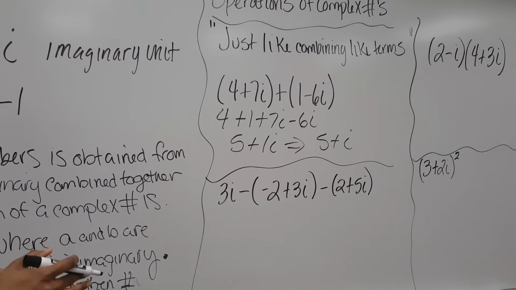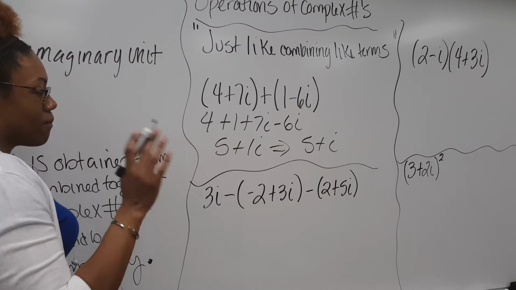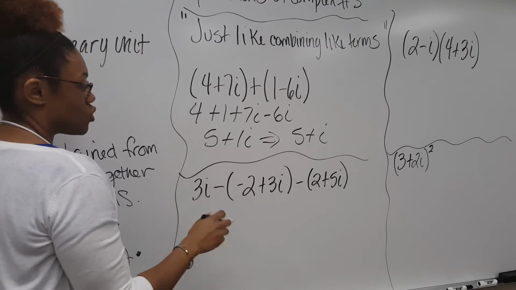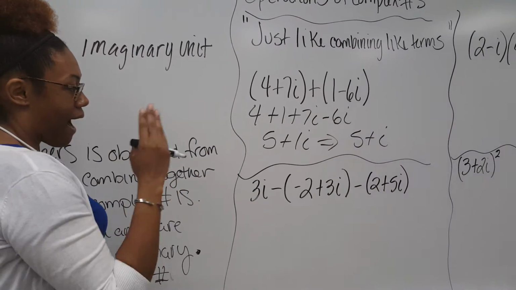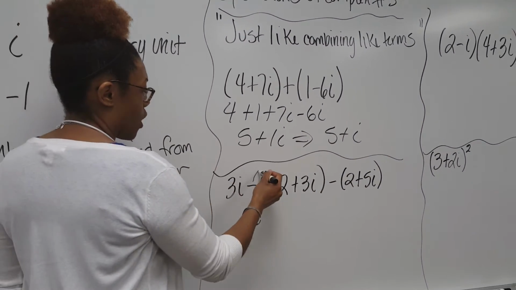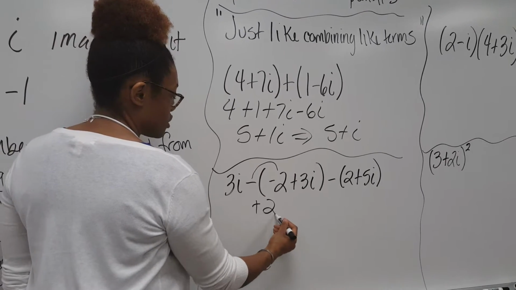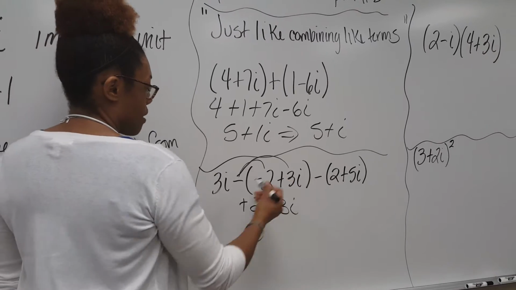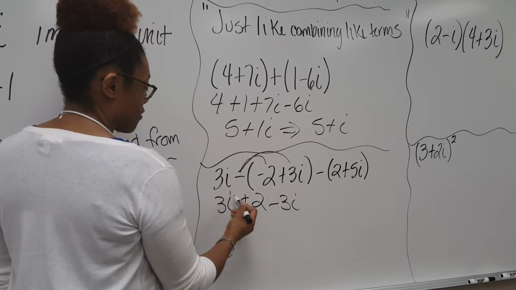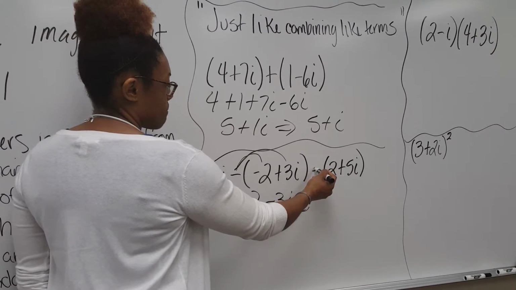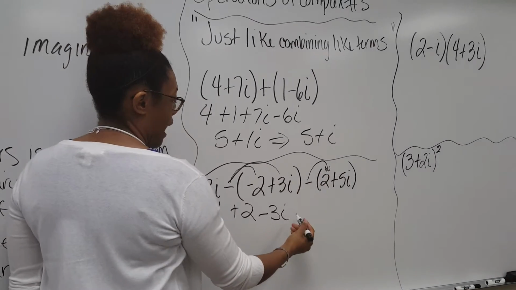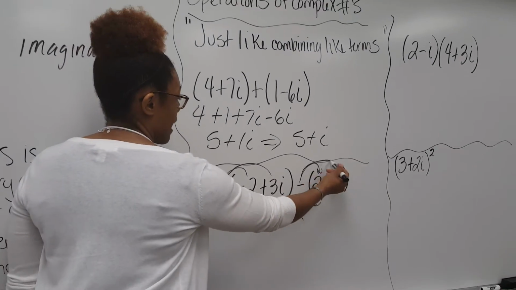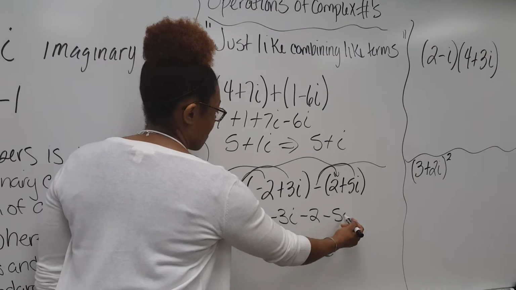Now, next part is subtracting. The number one thing most people forget is to distribute your minus sign to everything behind that parentheses. So here we would do plus 2 minus 3i, and then bring down this 3i in the front. Then we distribute this minus sign to everything. So this will give me a minus 2 and a minus 5i.